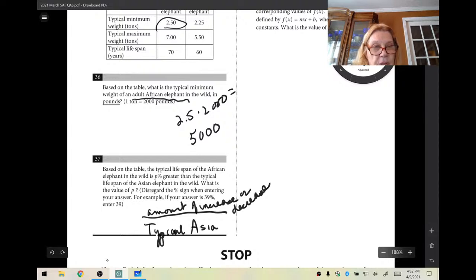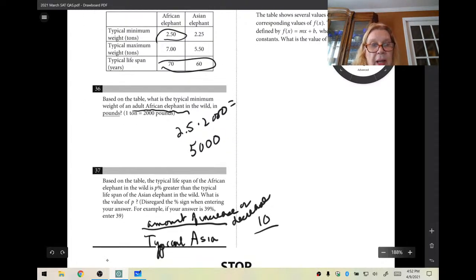So what's the increase between the lifespans? It's 10, but we have to put it over the typical Asian, and this is where a lot of kids would mess up. And so that would be 1/6, or you could have it as a decimal.